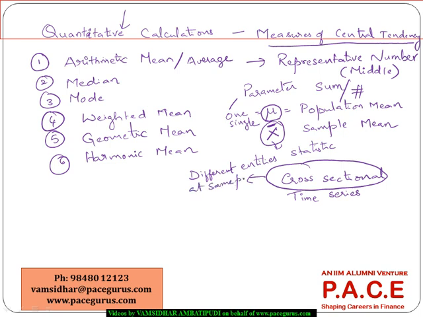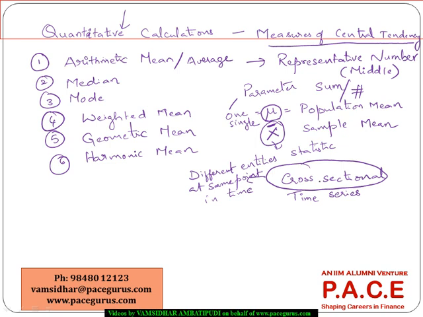So today I am looking at different entities, let's say the heights of 30 different people at the same point in time. If I take that data and do some computation, we call that kind of data cross-sectional data.